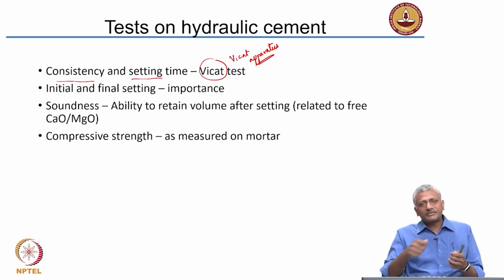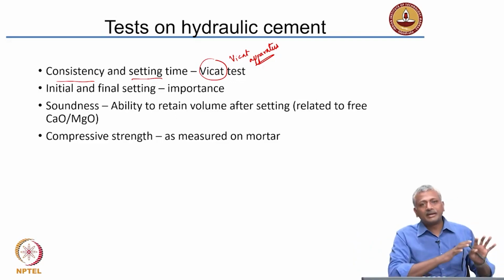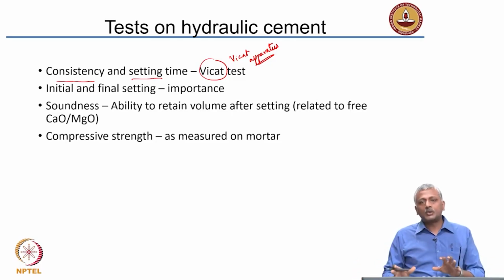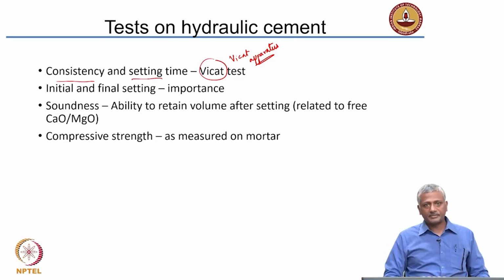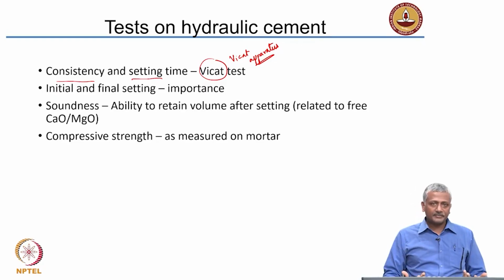You have some time with which this concrete can be taken and put into the formwork and then consolidated and finished on the top surface. So there is some amount of time that you get to actually complete all the operations. After you place it in position, it slowly starts stiffening and gaining strength. Beyond that point, you will not be able to rework the concrete.